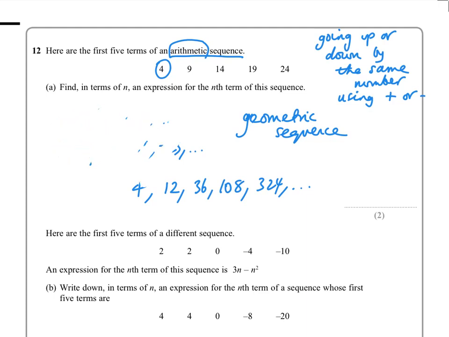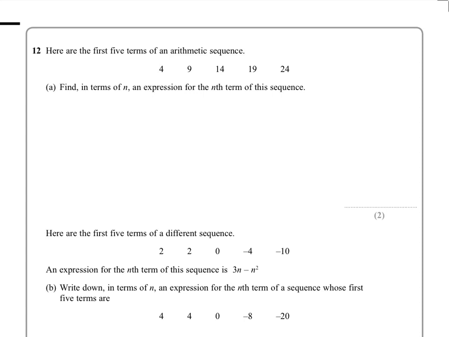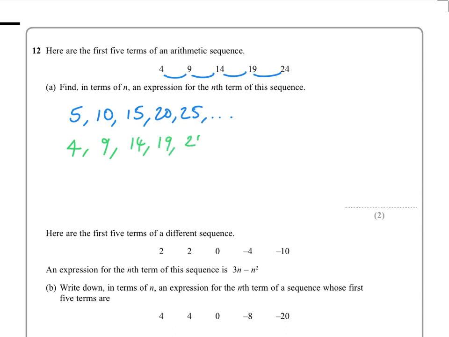While I rub this out, we can look at the question with fresh eyes and see, in terms of n, an expression for the nth term of the sequence. Well, the first thing to think about with sequences is, what does it go up in? Well, it goes up in 5s. So if you write the 5 times table out, and put your sequence underneath, all you've got to do is compare them.